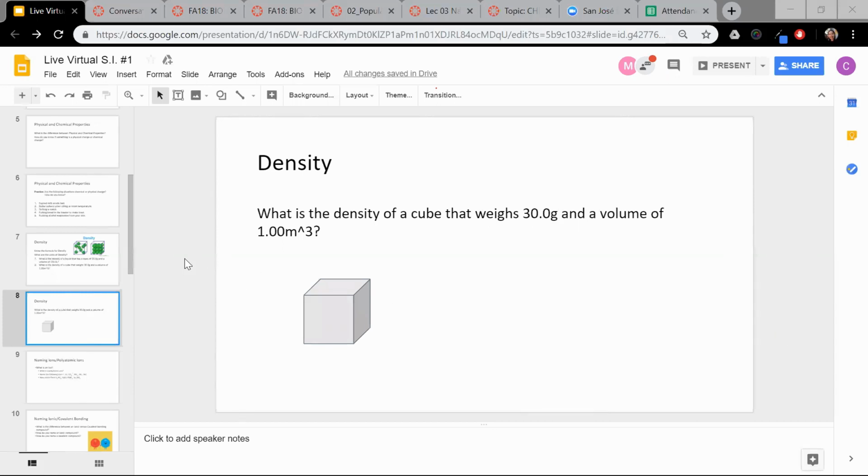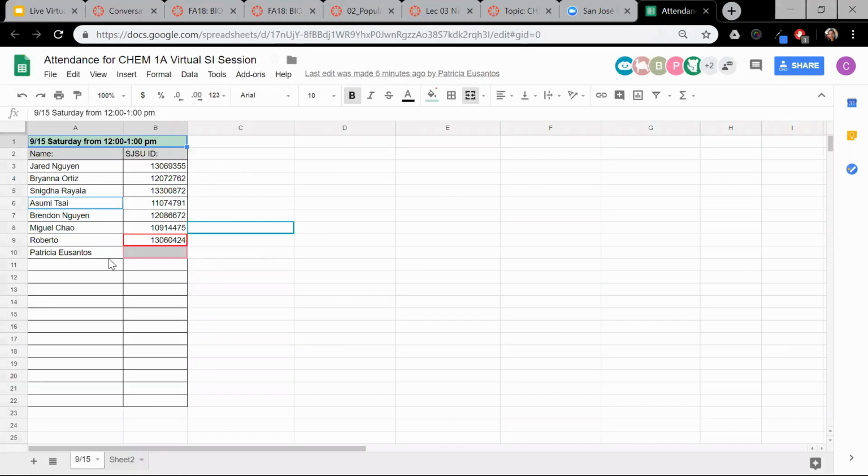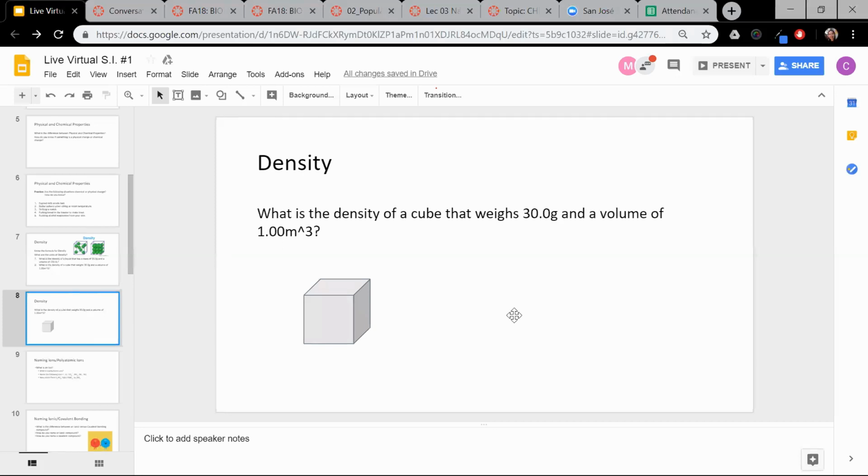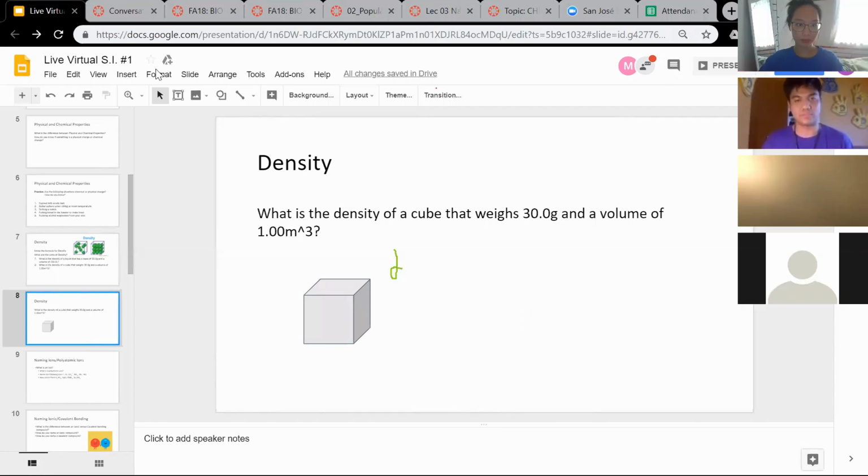All right. So moving on. For this problem, it's the same thing, but instead of having liters on the bottom, we're going to have meters cubed. So we have density, rho, is equal to the mass divided by the volume.